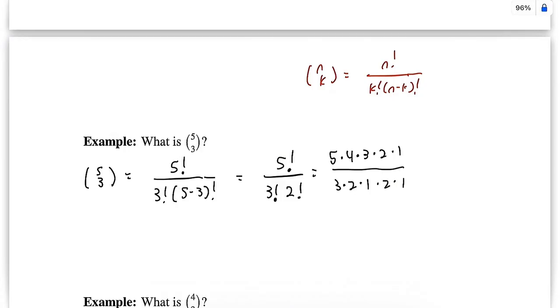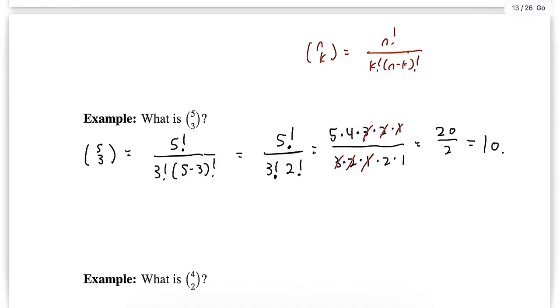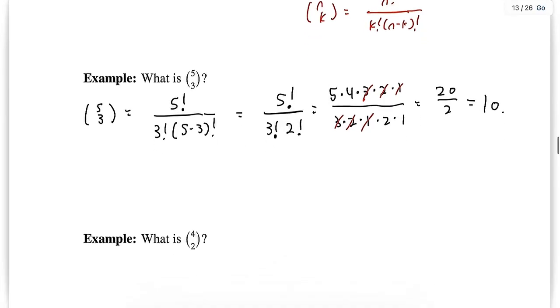Now we can cancel some of these, right? So these 3 cancel out, and we're left with 5 times 4 over 2 times 1. 5 times 4 is 20, 2 times 1 is 2, and we're left with 10.